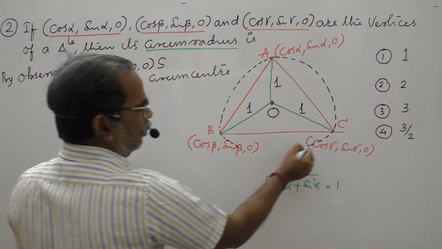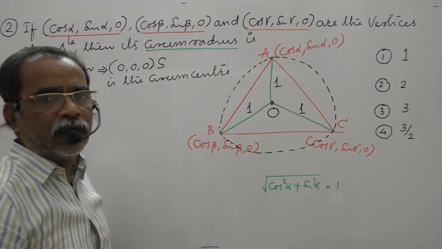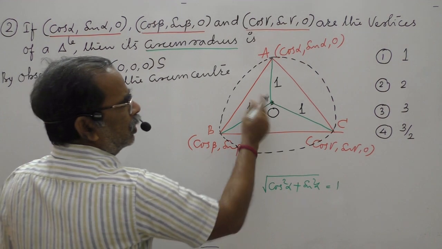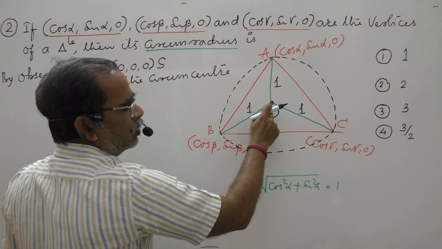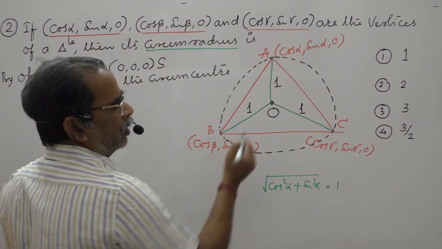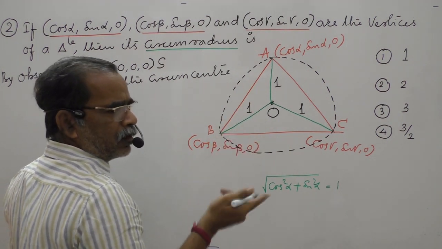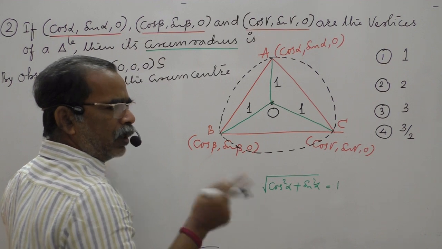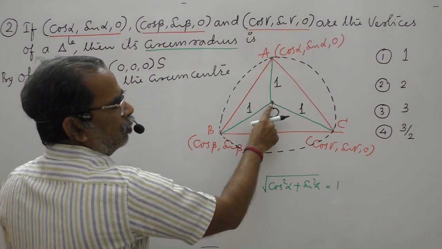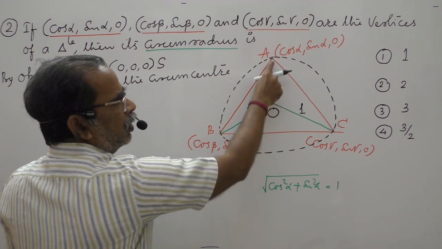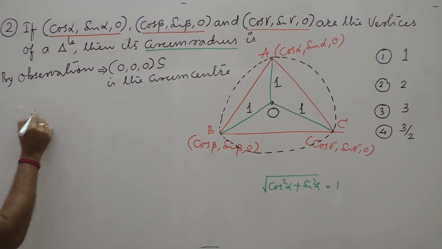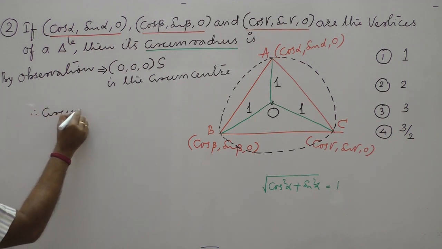Yes. See. This is circumcenter. What will be the circumradius? Center of this circle is circumcenter. Radius of this circle only circumradius. Circumradius means radius of circumcircle. What is radius? Distance from center to any point. So what is this distance? 1 only. This is 1. That's all. Therefore, circumradius.